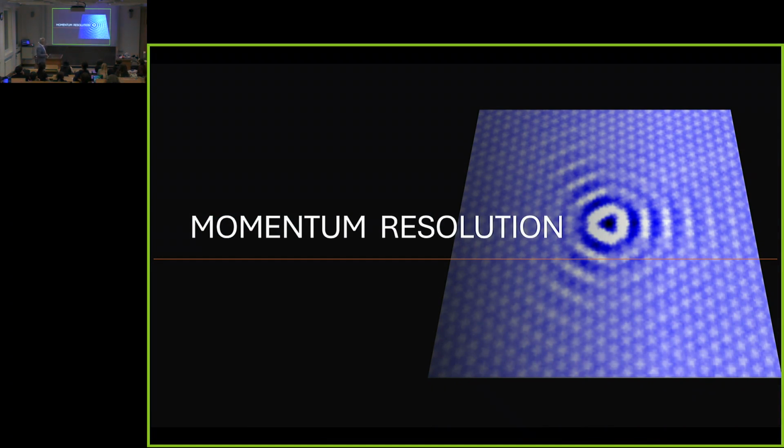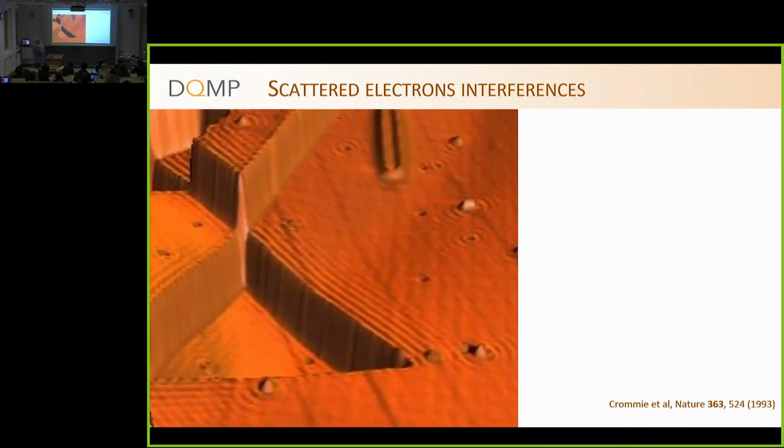Here, this momentum resolution is really fascinating, because when you do STM, you have a tunneling current, meaning you can see structural features, as I showed you. You can see spectroscopic features, even resolve the spin. Here, what we use is another effect, which is interference between reflected wave functions on some defects. This is an example of a copper surface with step edges.